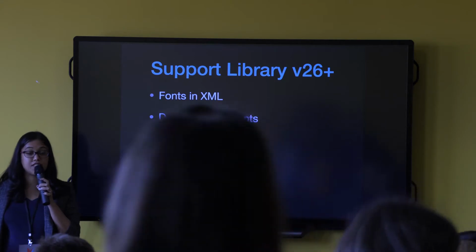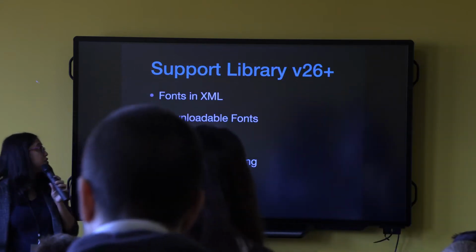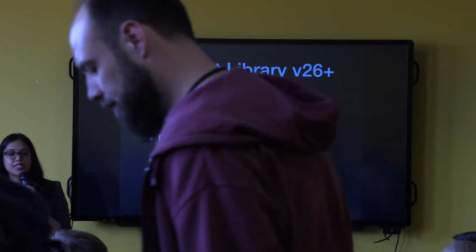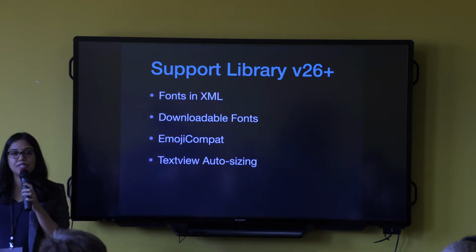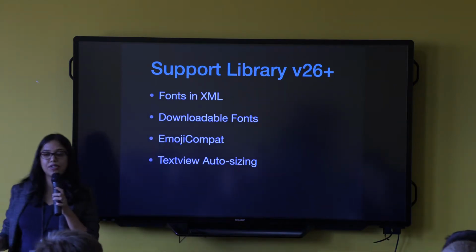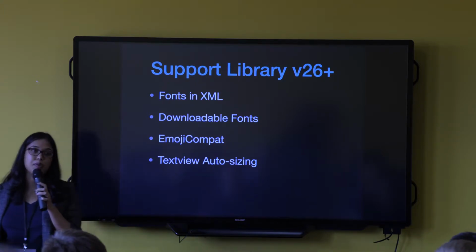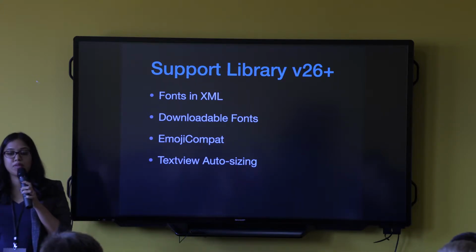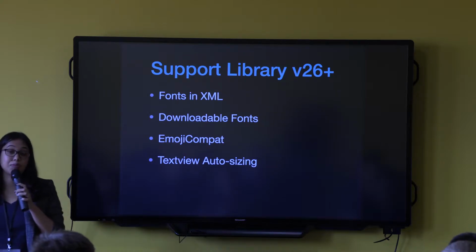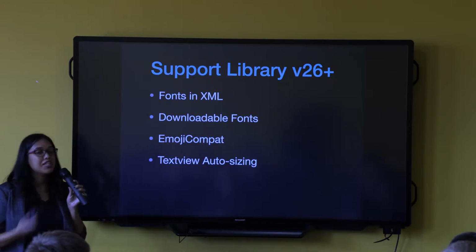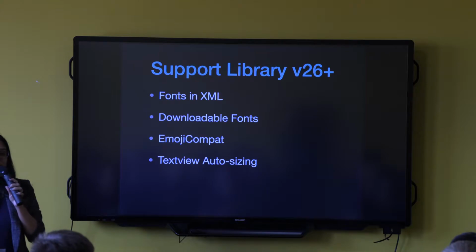Downloadable fonts can be applied using fonts in XML. So hopefully at the end of this talk, you'll be able to see the bigger picture of how these different components can work together to not only improve your user's experience, but also improve our experience as developers, because they actually make it easier for us as well.